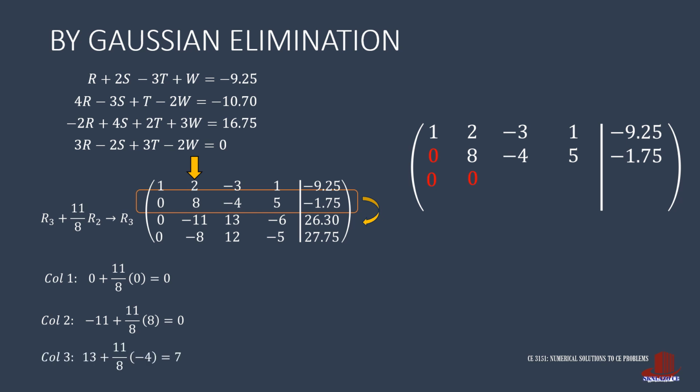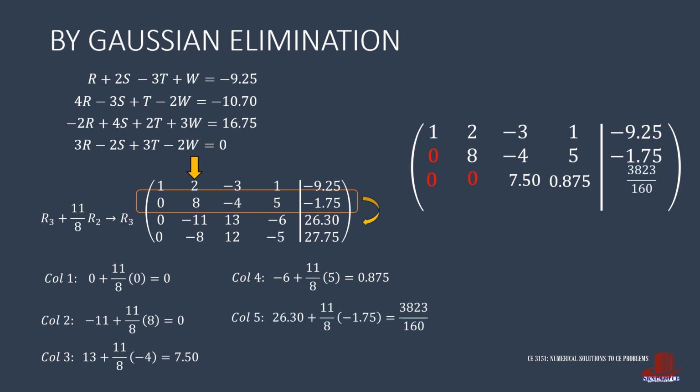The third element is 13 plus 11/8 of negative 4, and that is 7.5. The element after is negative 6 plus 11/8 of 5, which is 0.875. Then the last element in the row has 26.3 plus 11/8 of negative 1.75, making 3823 upon 160.